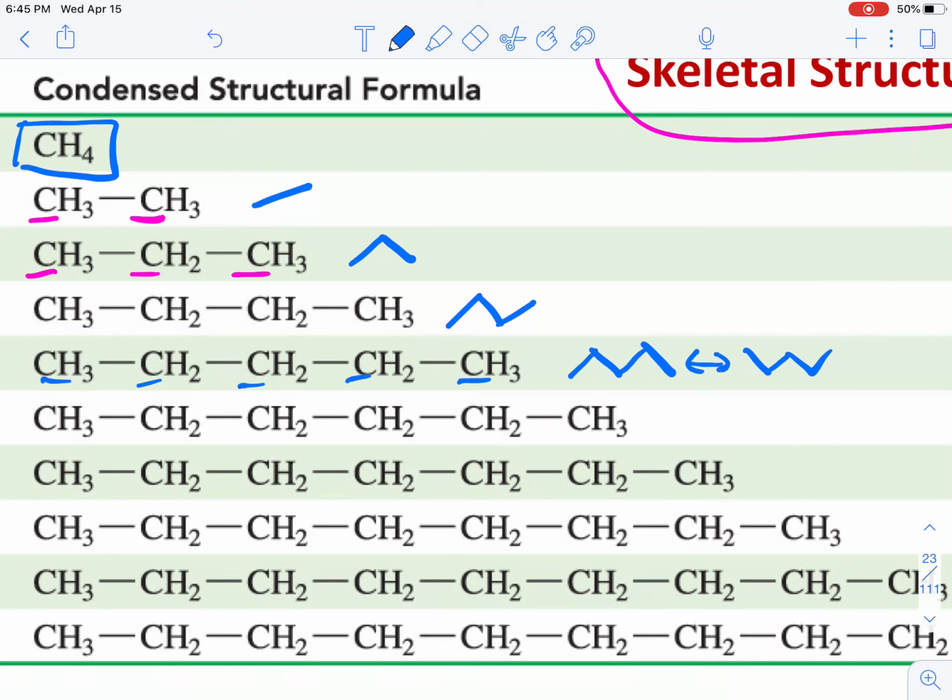You don't need to start from the bottom, you can start from the top, and it'll still be representative of butane. Same idea here, I can do a V instead of that caret sign.